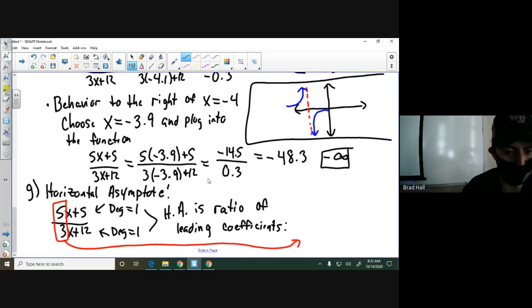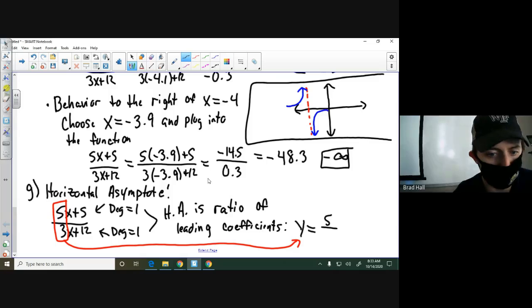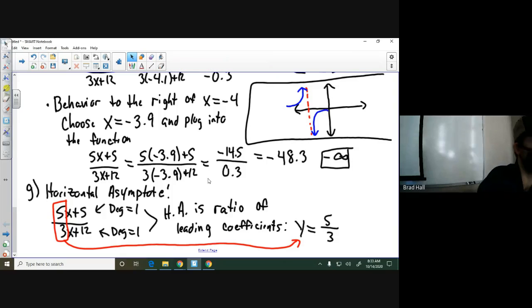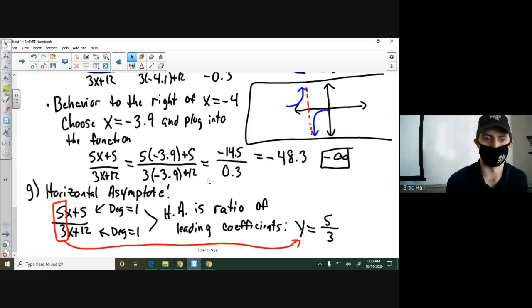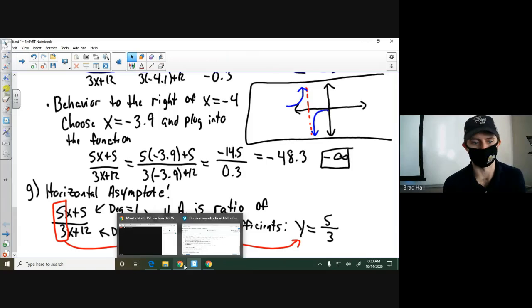And generally, this is represented as y is equal to that number. Normally, it's an equation, because the horizontal asymptote is a line, and we can give an equation to a line. Slope-intercept form, and there's no slope.